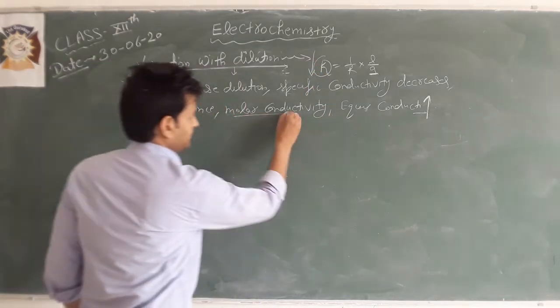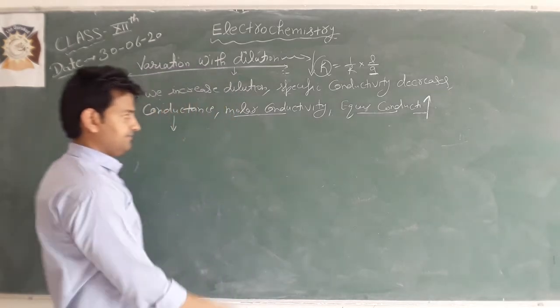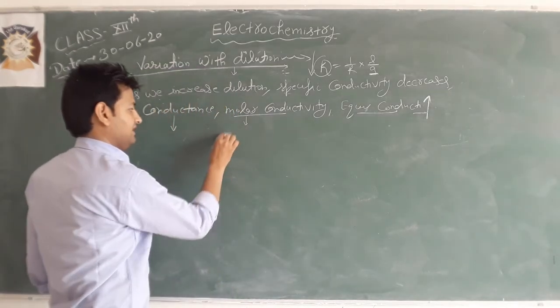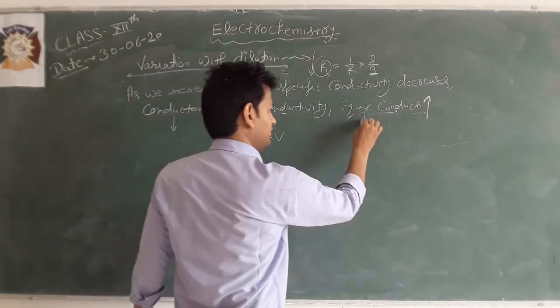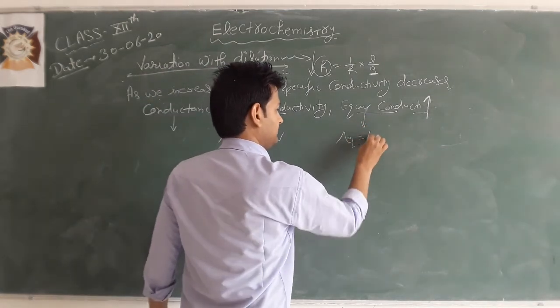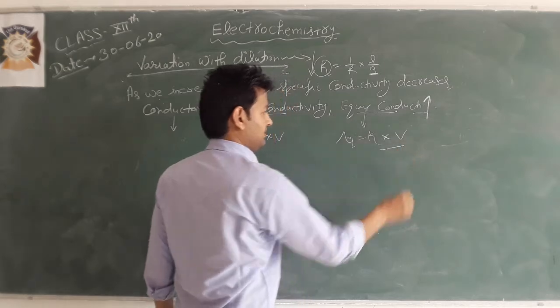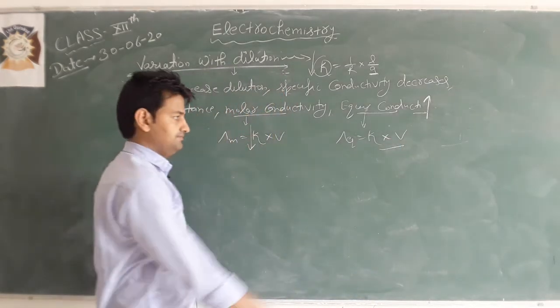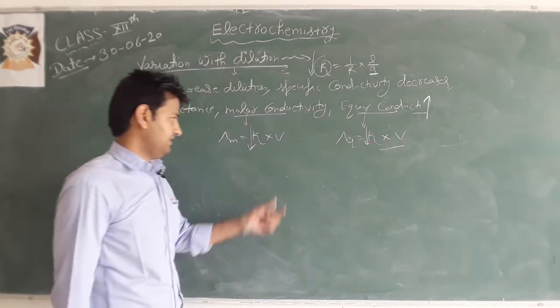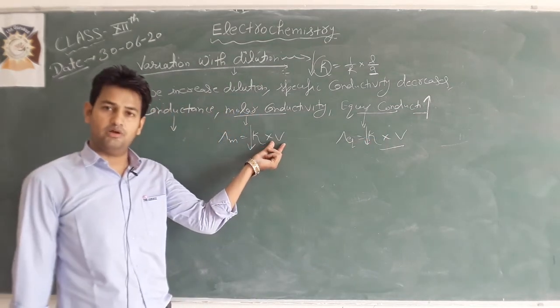Next terms are molar conductivity and equivalent conductivity. There is also kappa. In case of molar conductivity it is equal to kappa into volume, and in case of equivalent conductivity it is also kappa into volume. If kappa decreases, then it should also decrease. But there is another term, this is volume.